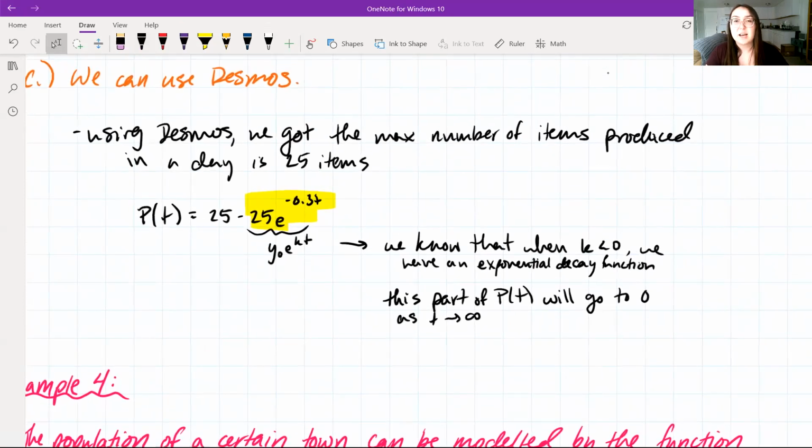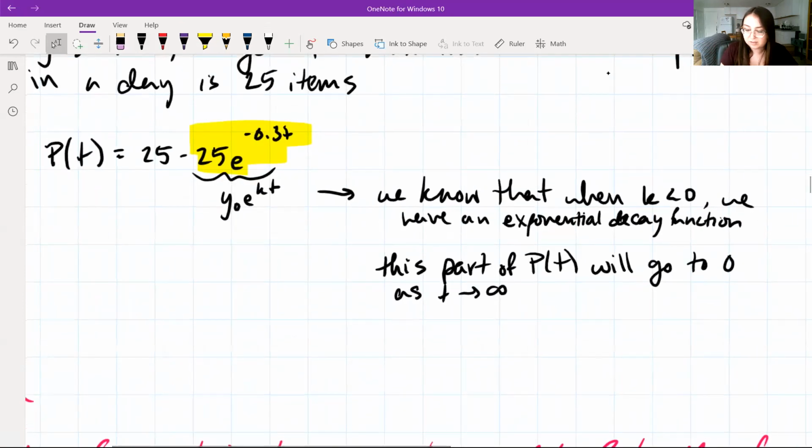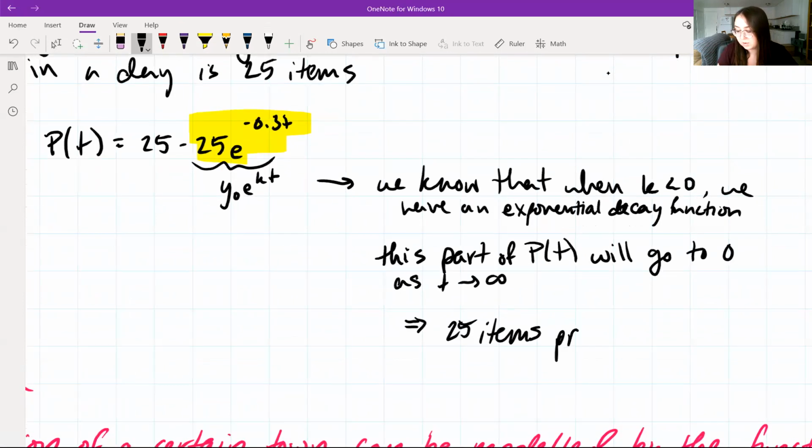So we see that as time goes on, the value that we're going to continuously keep getting is 25. And if this part is going to go to 0, we get P of t is equal to 25. So we get that 25 items produced a day is the max.